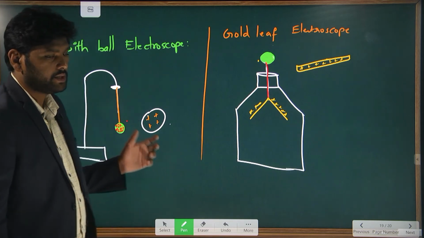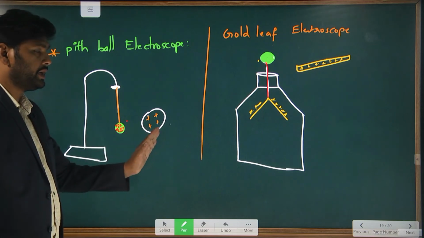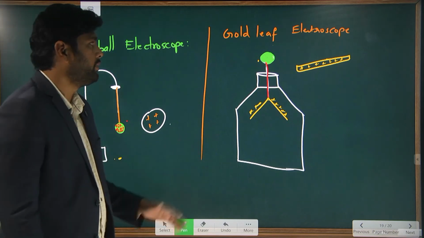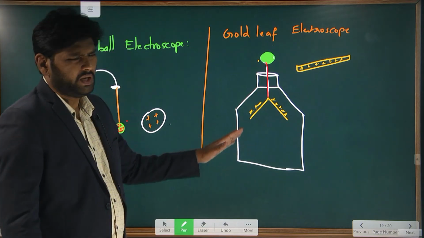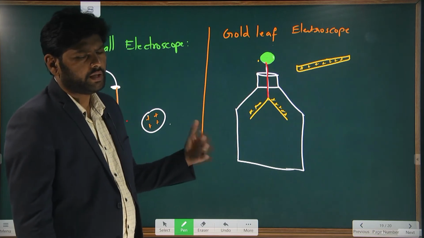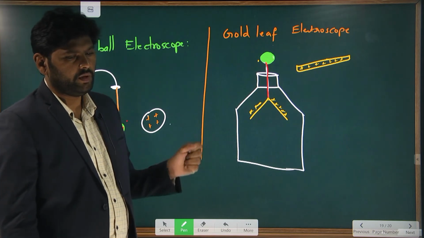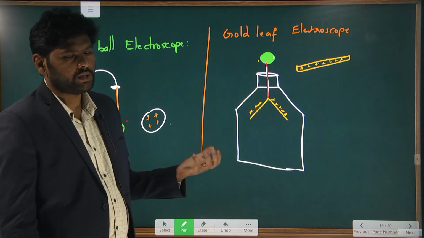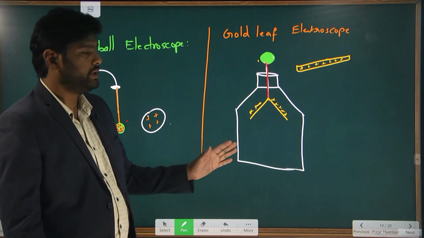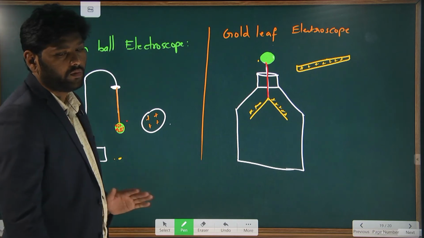These two are the generally used electroscopes: one is the pith ball electroscope and the other is the gold leaf electroscope. Both are working on the basis of repulsion and attraction. Like charges are repelled, unlike charges are attracted. Based on this property only, these two electroscopes are working.